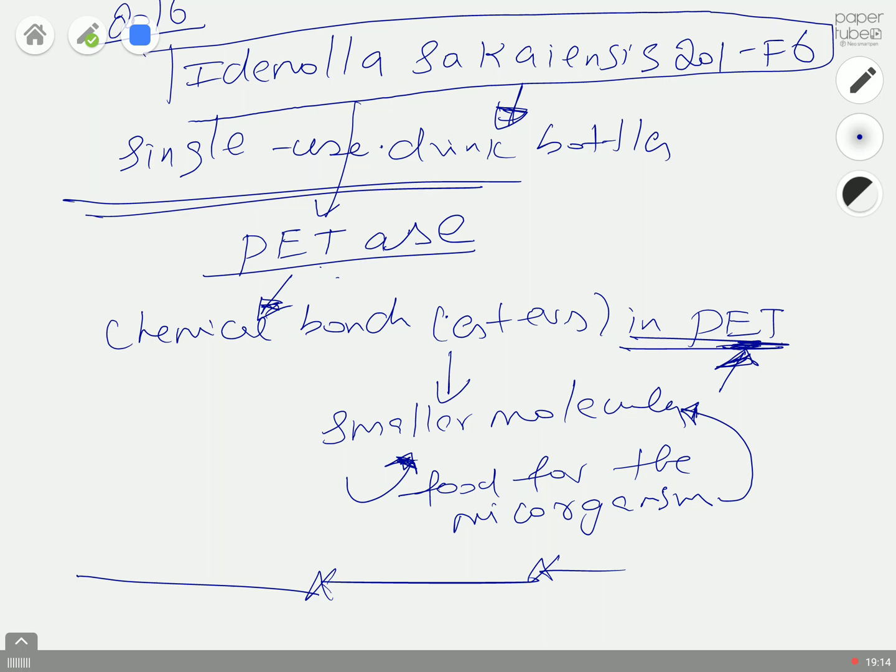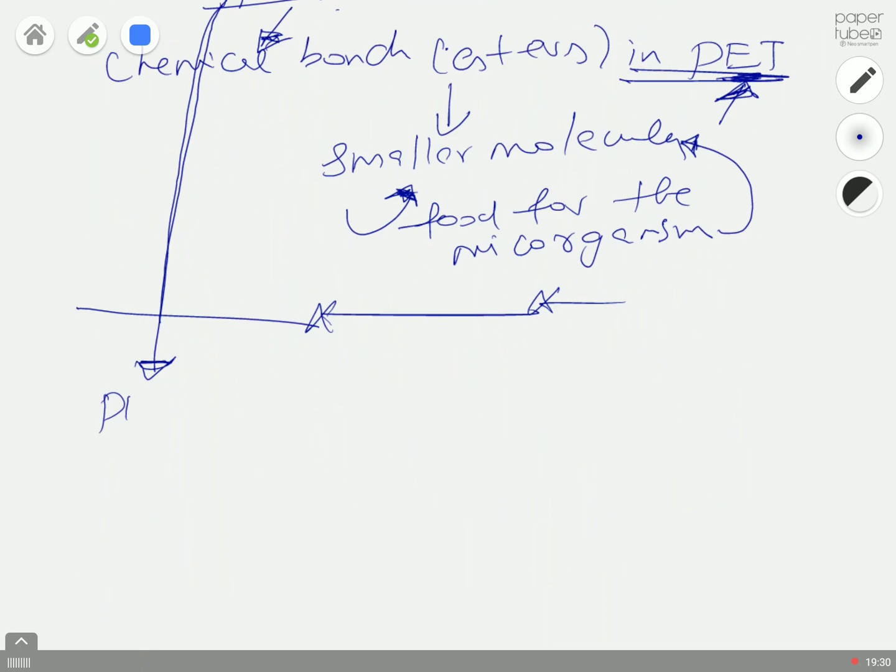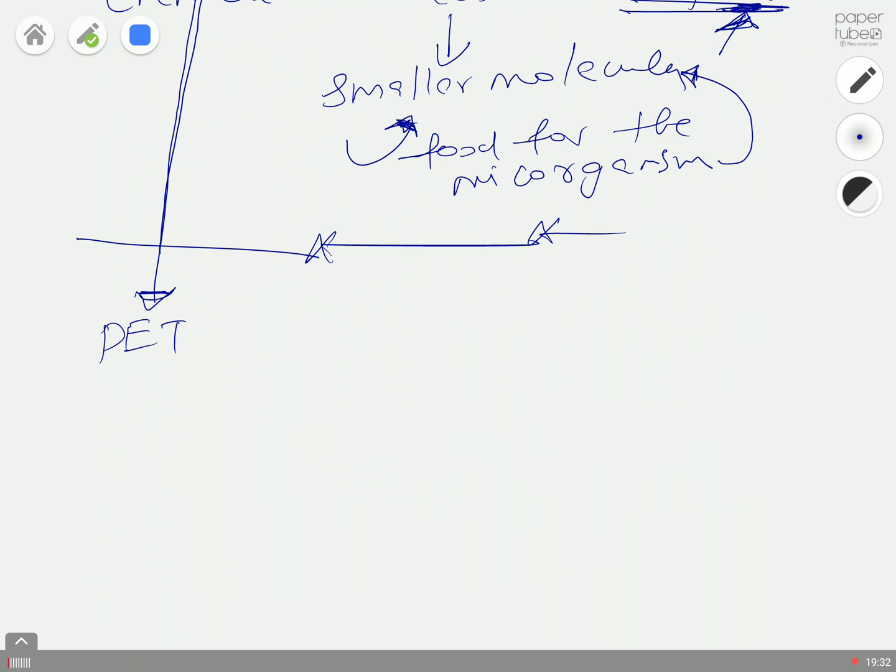So that's how it works. If you want to do the same job, you can break the cells, take this particular enzyme out of the live cell, and use it to break PET, polyethylene terephthalate, into smaller compounds.